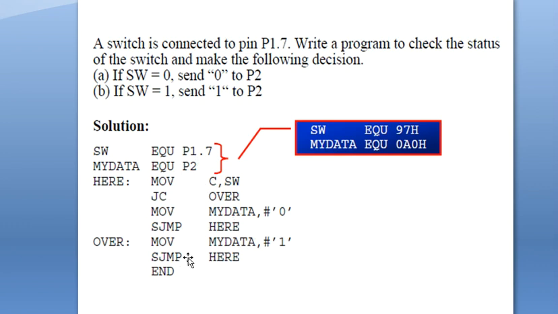If it is not 1, if it is 0, it will come to the instruction MOV MYDATA, #0, so 0 will be loaded to MYDATA, executing the other condition. Again SJMP here repeats, so this runs continuously in a loop.